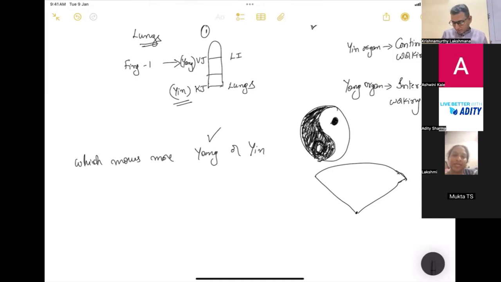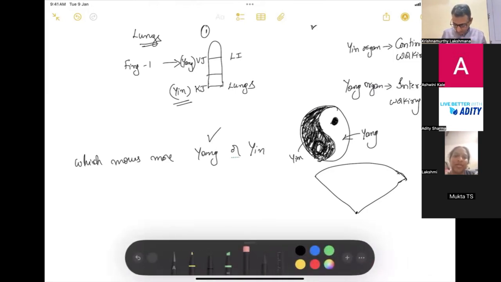White is yang and black is yin. There is a black dot inside the white space and a white dot inside the black space.